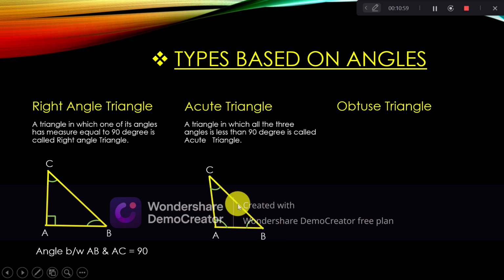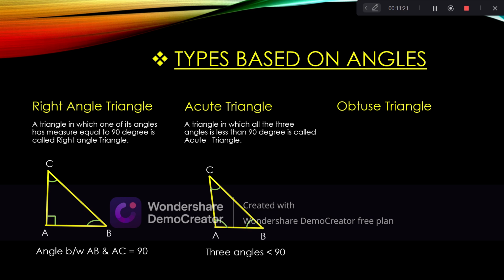Okay. If the lines are straight, then the angle becomes 90 degrees. But this is not straight. The angle is less than 90 degrees. So this is an acute triangle. Okay. So when we summarize, all three angles are less than 90 degrees.